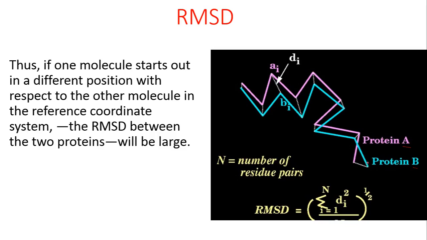Now if this molecule A or protein A starts out in a different position with respect to the other molecule, protein B, the RMSD would be high. Why? Because the distance between the corresponding atoms would be higher. Okay, maybe I would demonstrate it first so that things would become more clear.